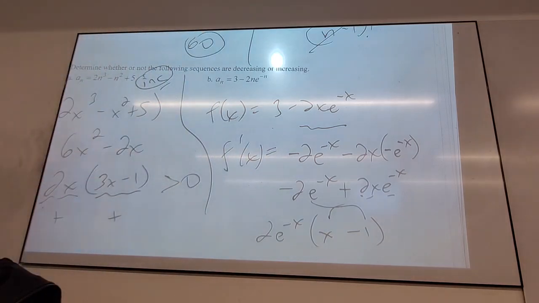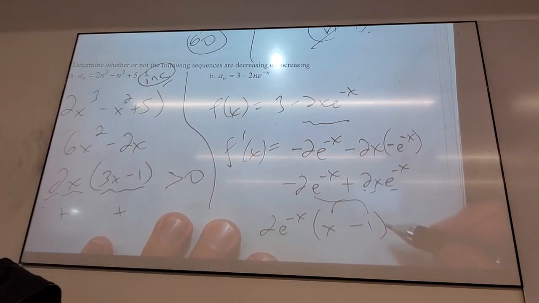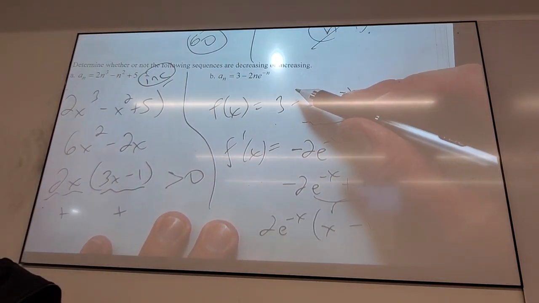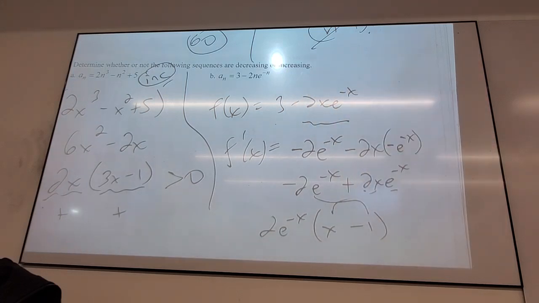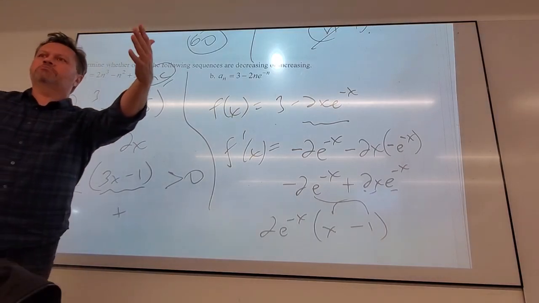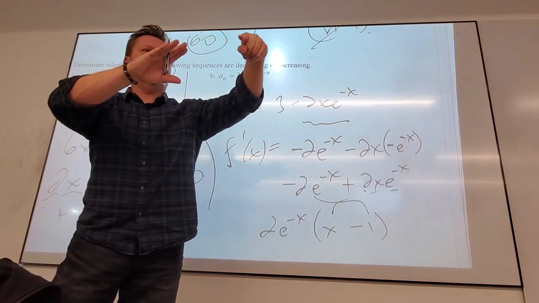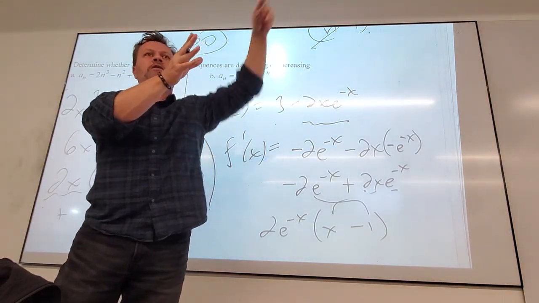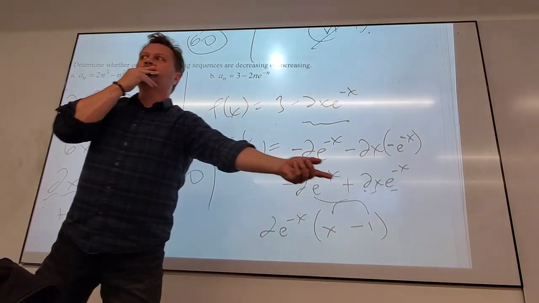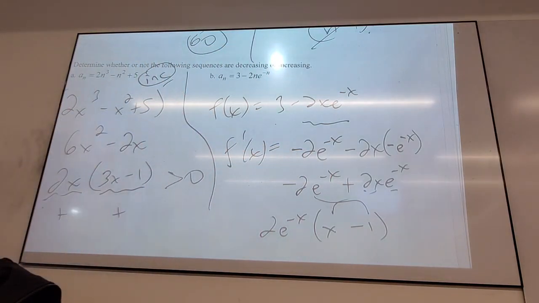You guys see that? So this is increasing because the only thing it's not positive for is the first term, and who cares? That's just what gets us started. In general, if the first finite number of terms are going crazy, but then forever after some term it's going up or down, I would call that an increasing or a decreasing function, because all that matters is what's happening in the long term.